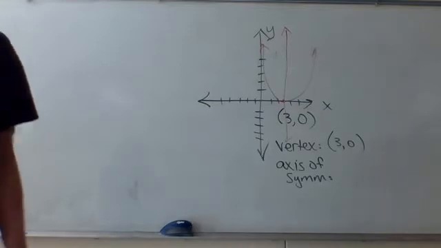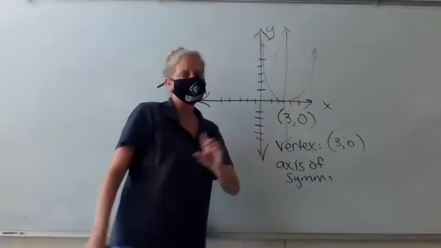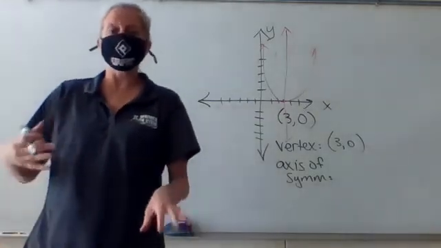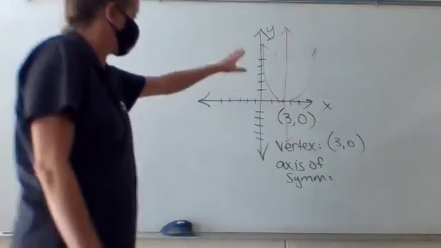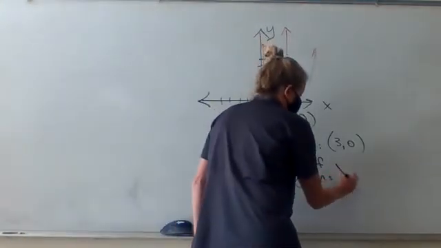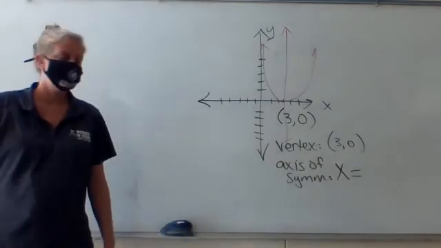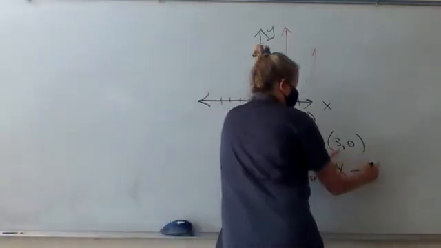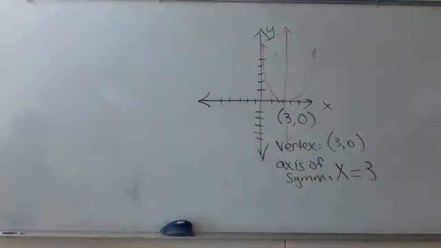That's its line of symmetry, that's axis of symmetry. And it even tells you when you're typing this in, type an equation, because it's actually an equation of this vertical line. The equation is always x equals, and then just whatever the x coordinate of that vertex is, which is 3. So that would just be x equals 3.